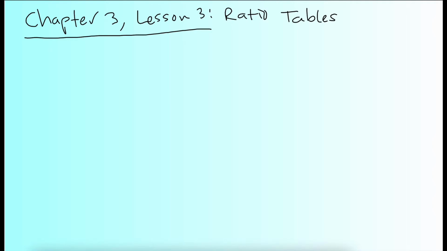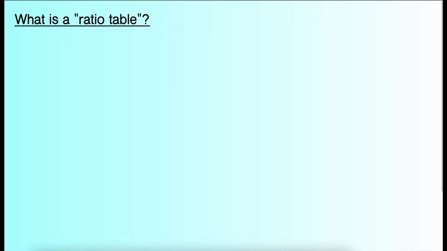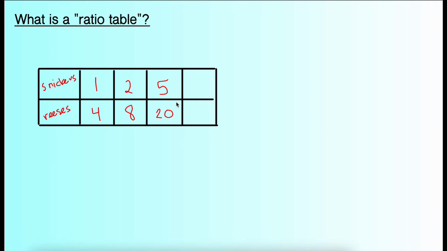First off, the question that we need to answer is, what is a ratio table? So first I'm going to show what a ratio table looks like, and then I'll define what a ratio table is. All right, so on the screen you can see a ratio table, and since some of you might be trick-or-treating in the near future, I've got a ratio table that's comparing the ratios of Snickers to Reese's.